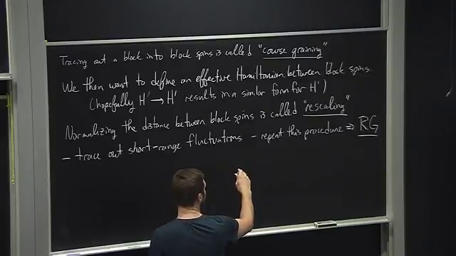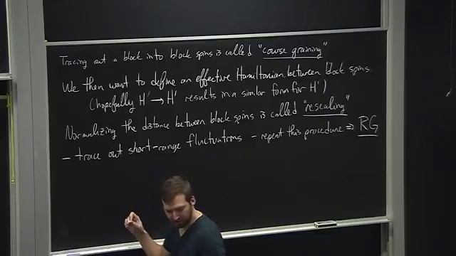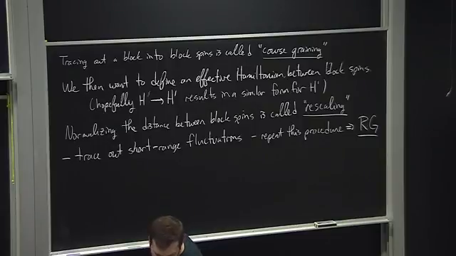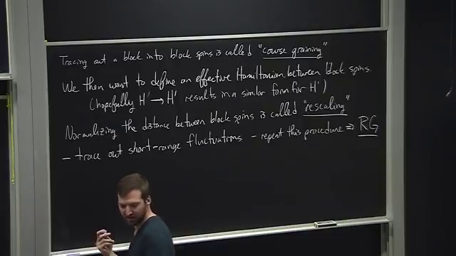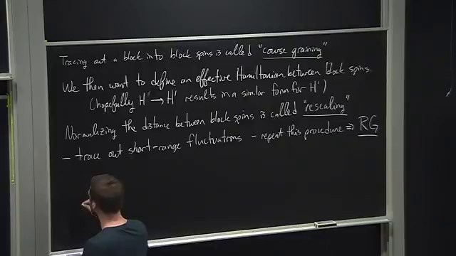So you repeat this procedure. It's called the renormalization group. It should reveal the critical behavior, and the goal is to understand this with analysis of one step.